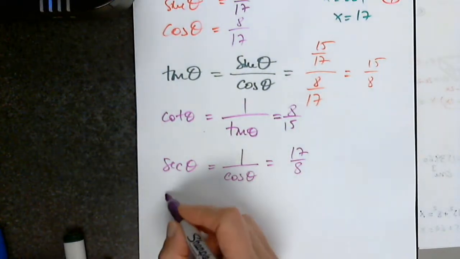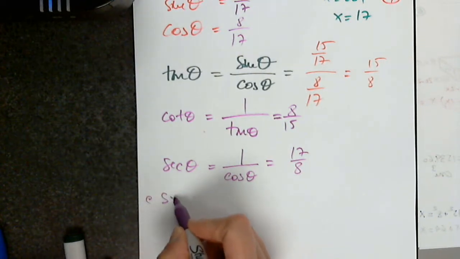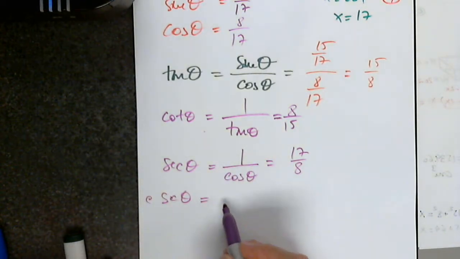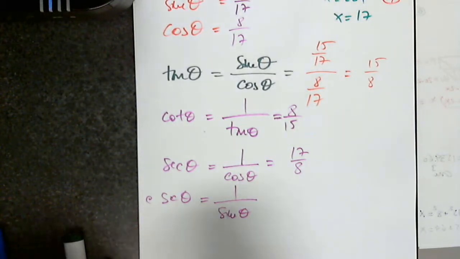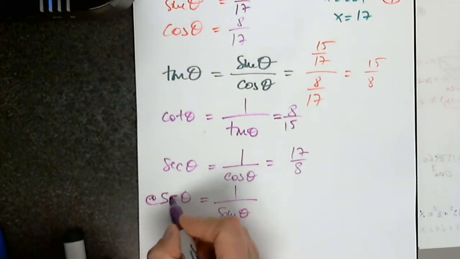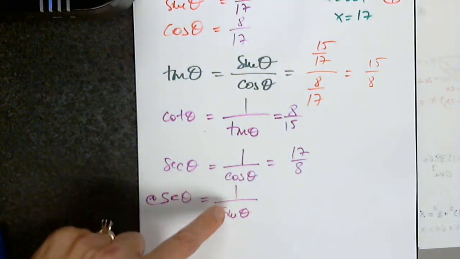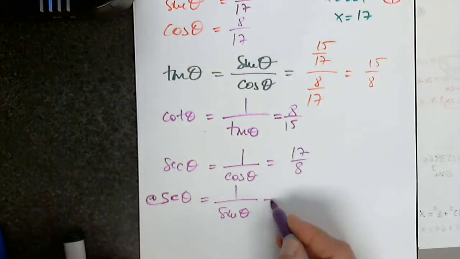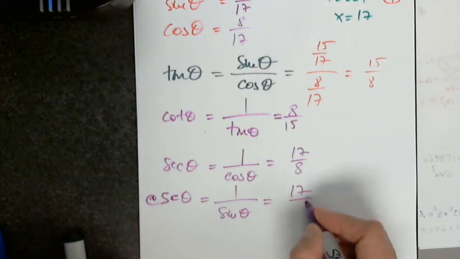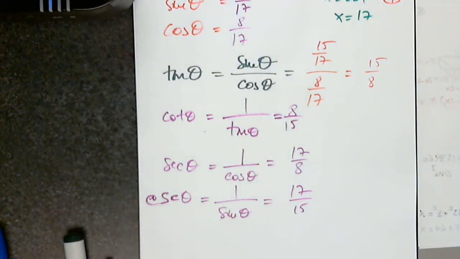And finally, cosecant. Cosecant theta is 1 over sine theta. So if the function starts with c, cosecant, it's 1 over s. So I have sine, so this is 17 over 15, and it's done. What is the point I'm making with this exercise?